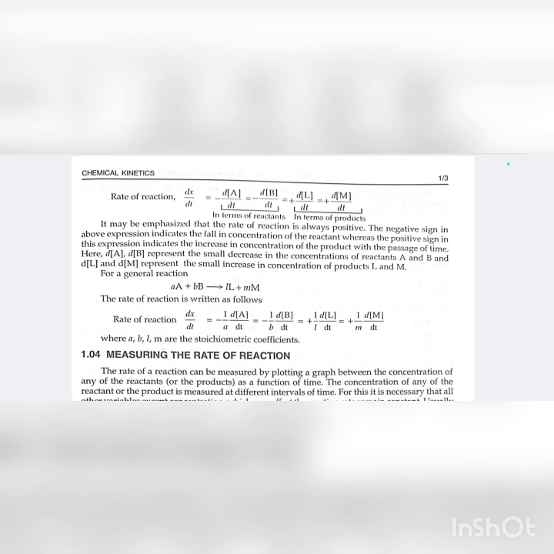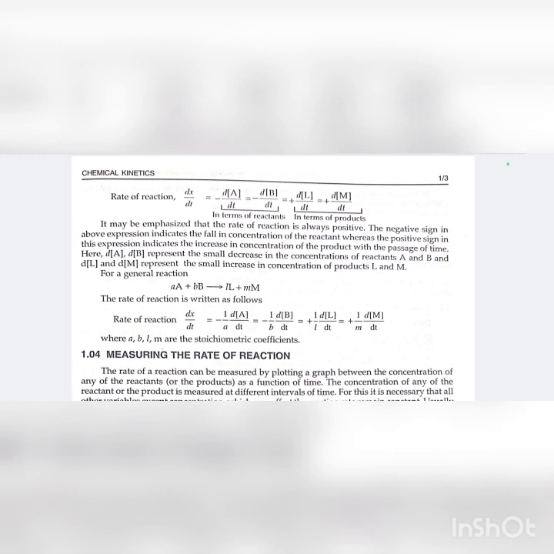Here d concentration of A and d concentration of B represent the small decrease in the concentration of reactants A and B, and dL and dM represent the small increase in the concentration of the products L and M. For the general reaction, small a capital A plus small b capital B gives small l capital L plus small m capital M, the rate of reaction is written as follows: dx by dt is equal to minus 1 by a into d concentration of A by dt, is also equal to minus 1 by b into d concentration of B divided by dt.